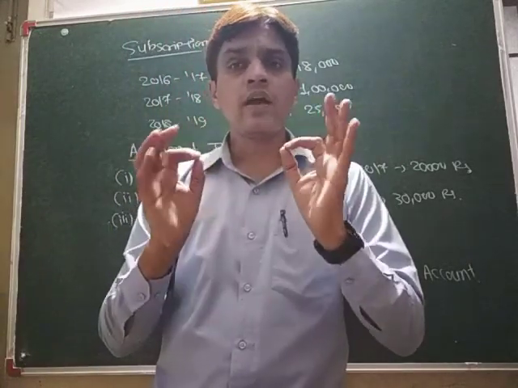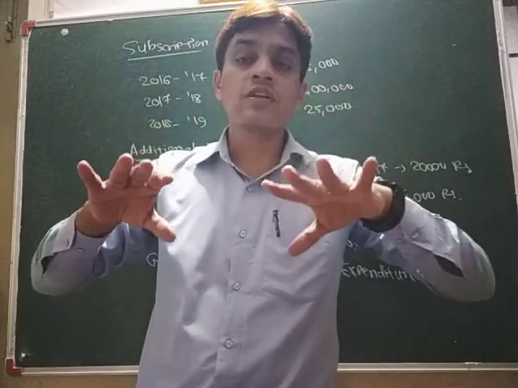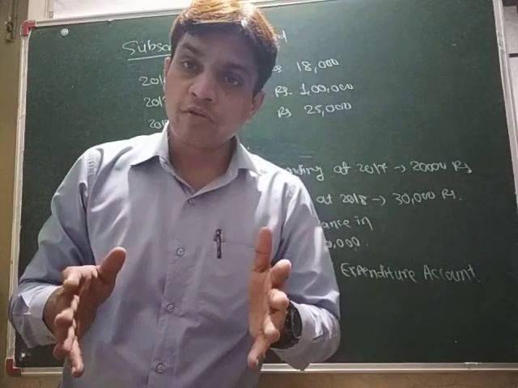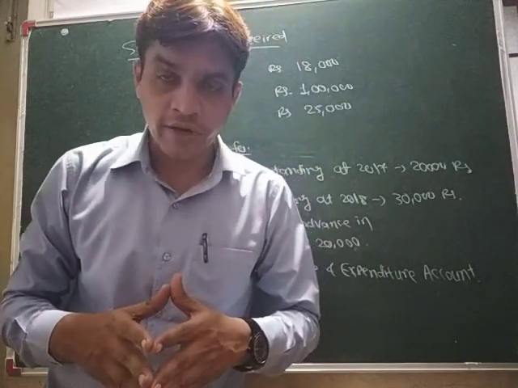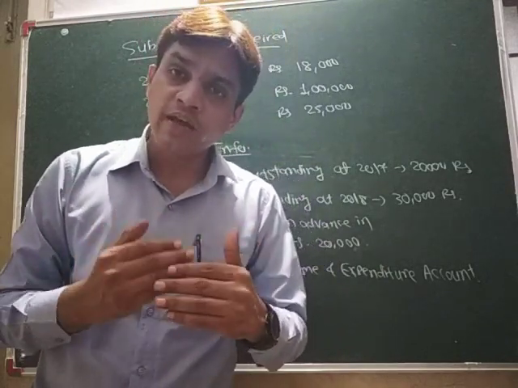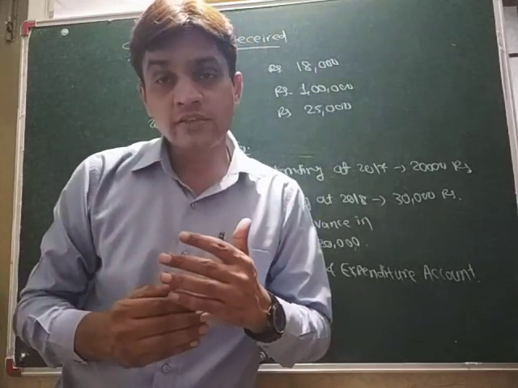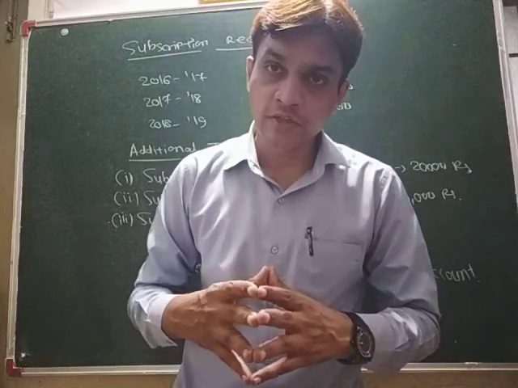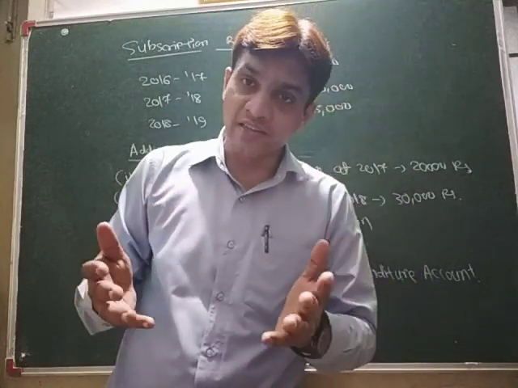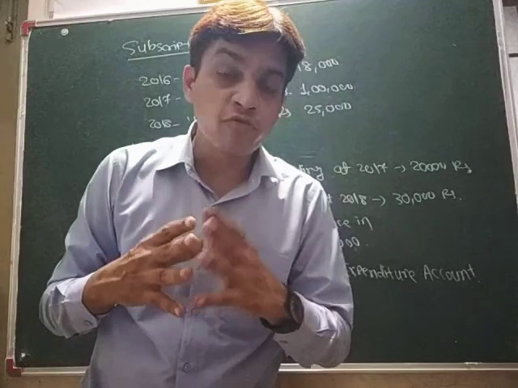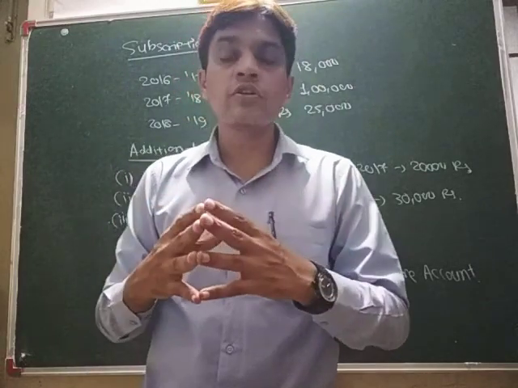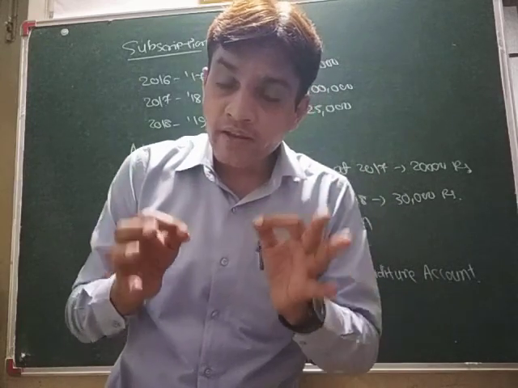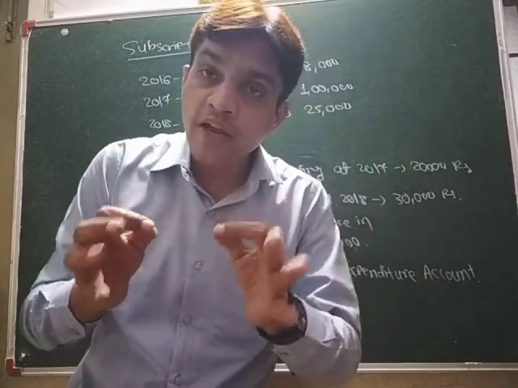Now first of all I want to tell you what subscription is. It is the membership fee that is received by the NPO every year from the members. Sometimes it is outstanding, sometimes it is received in advance by the NPO from the members. So in all these cases there is some confusion about the entries, because I have told you that in the income and expenditure account only the current year subscription is to be recorded.